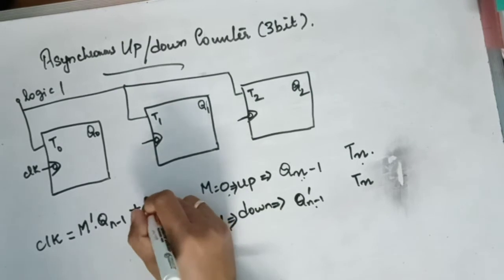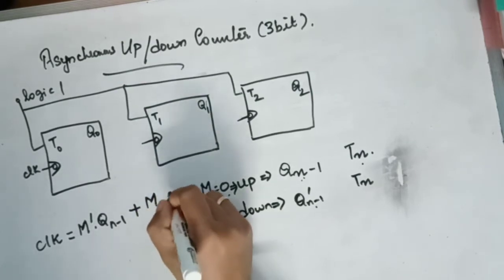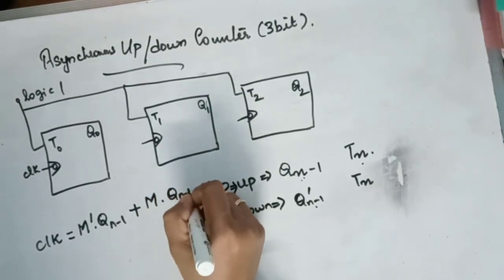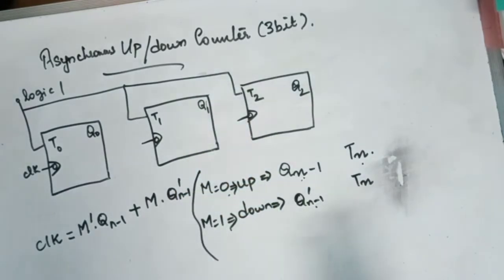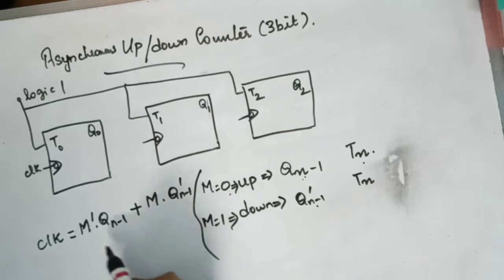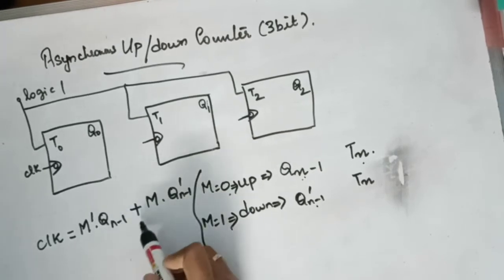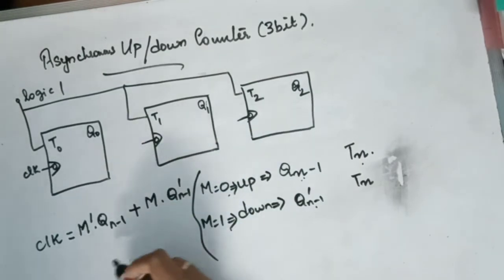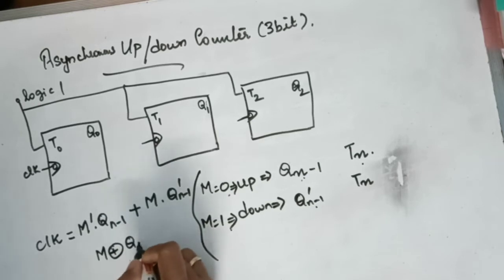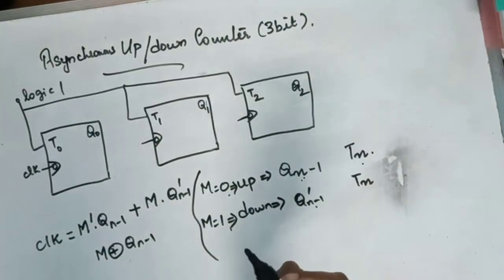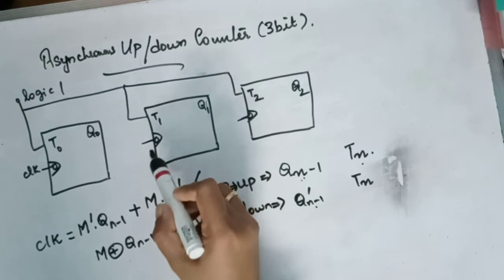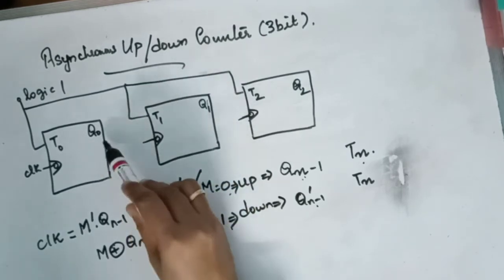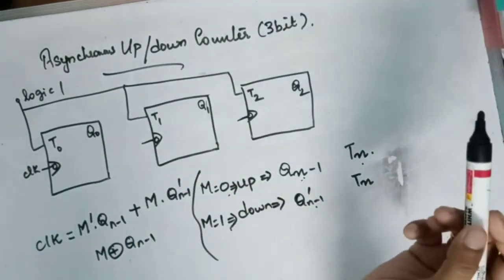Or, if M is equal to 1, then Qn minus 1 bar will clock the flip-flop. So what is this? M bar Qn minus 1 plus M Qn minus 1 bar. What is this equivalent to? This is M XOR Qn minus 1. So a particular clock is M XOR the previous output.